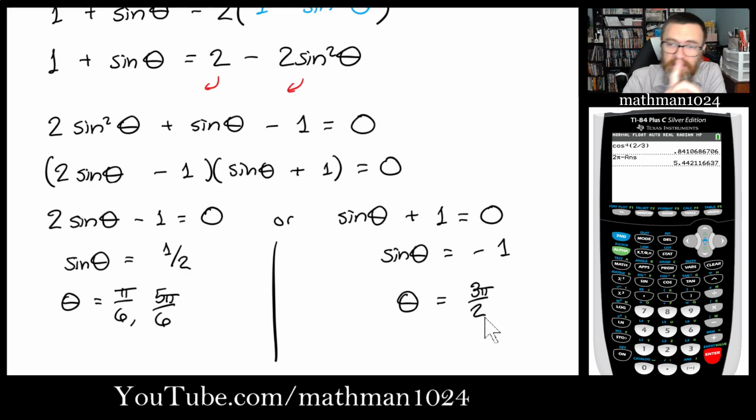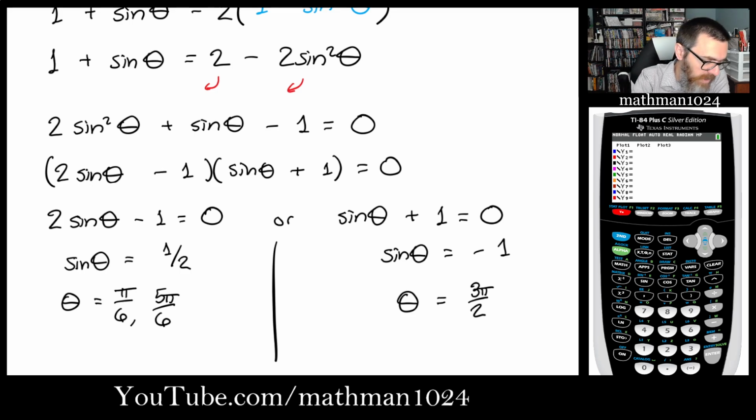But you know what? Let's check with the graphing calculator to make sure that it all matches up, right? So let's graph the left side of the equation, which we have as 1 plus sine of theta, theta or x in the graphing calculator, it's not going to matter. On the other side, we have 2 cosine squared. So 2, let's do parentheses here, cosine of x, close, and square that.